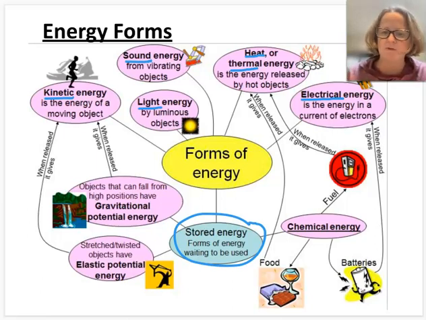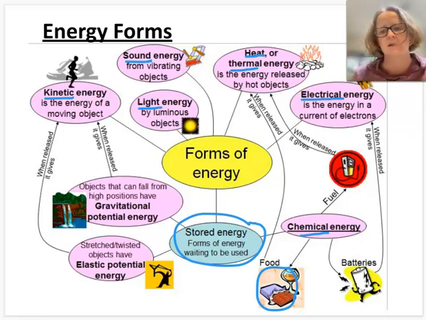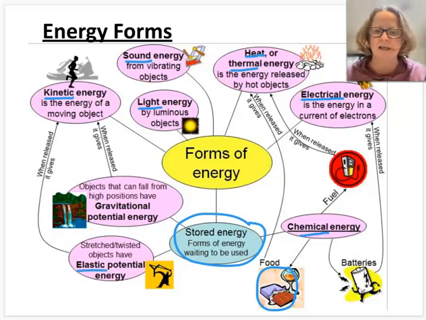And you can have different types of potential energy. So chemical potential energy, you have that in your body when you've eaten some food, and then you can use that energy, you can transform it into heat energy or into movement energy. Sometimes things have elastic potential energy.